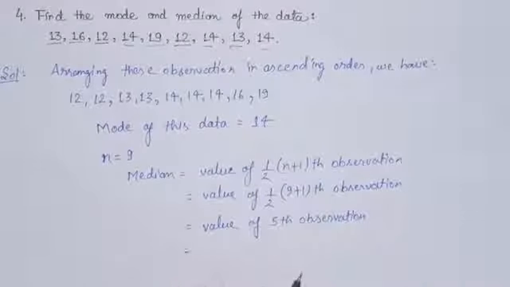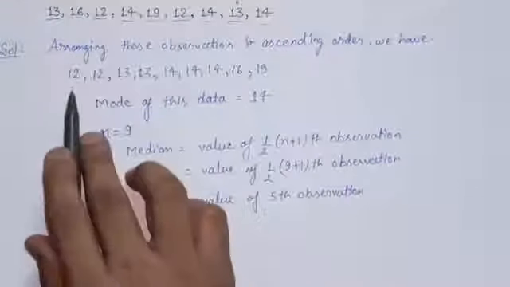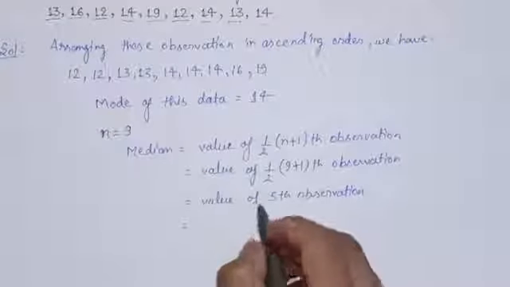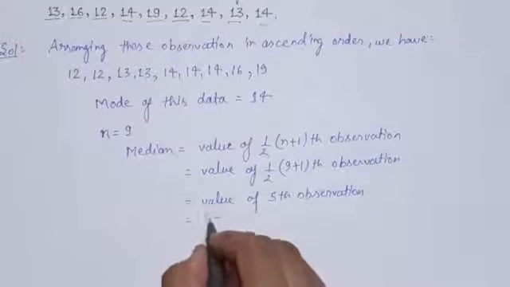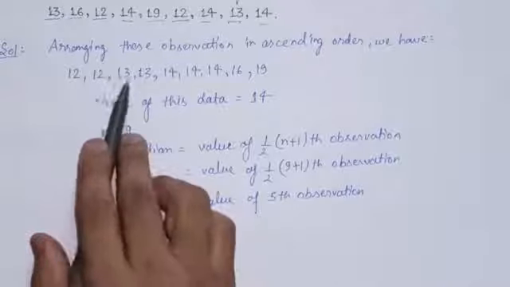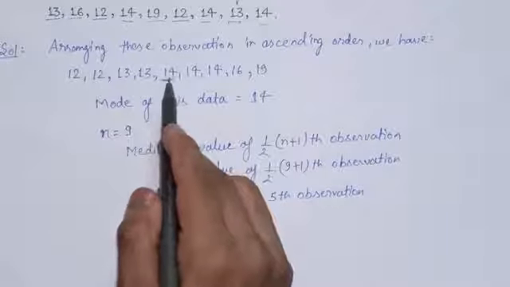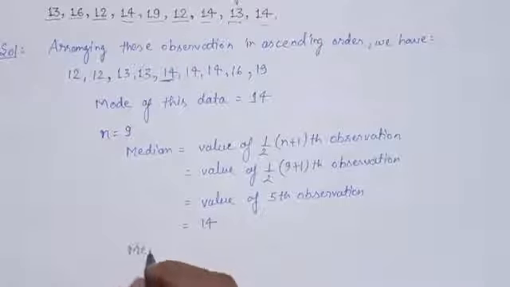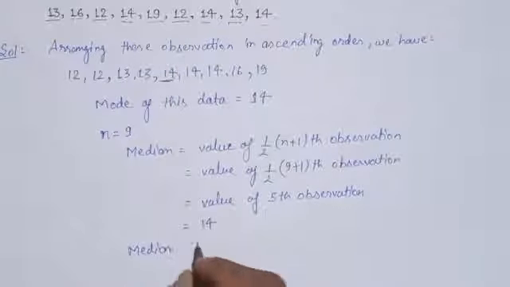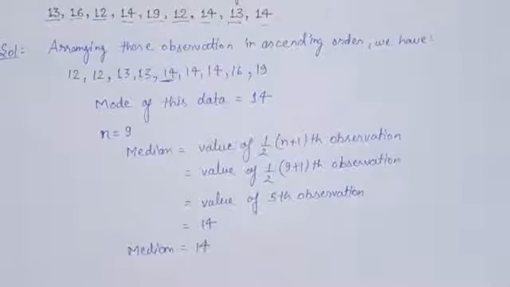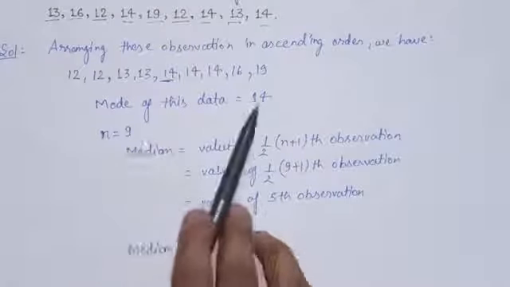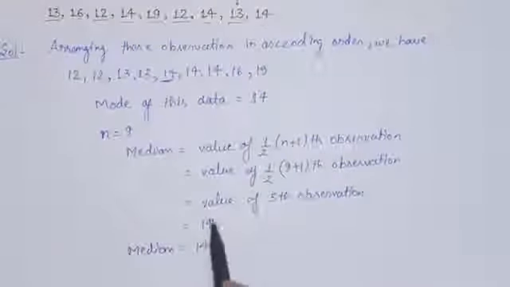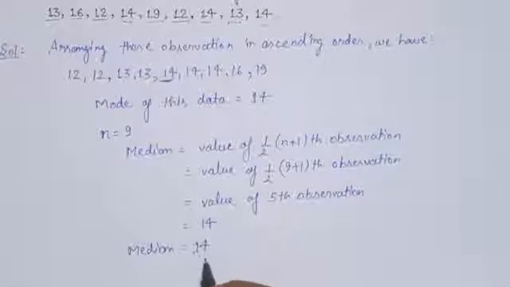The value of the 5th observation, 1, 2, 3, 4 and 5, is 14. So the median is 14. Here again you can see that mode is 14 and median is again 14. That is, mode and median are both the same.